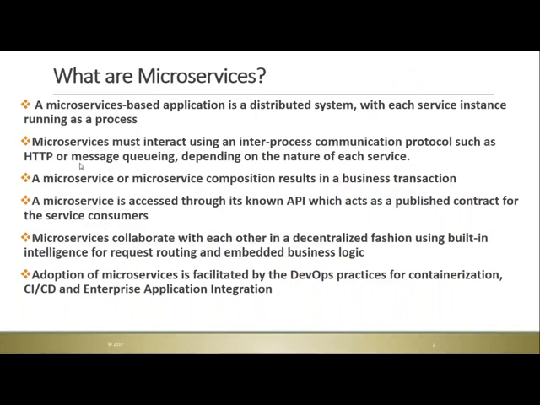So the first thing that we're going to really drill into is the notion of what it is we're doing. What are microservices? Microservices themselves are really an extension of service-oriented architecture around creating distributed systems. We're running microservices typically as processes.